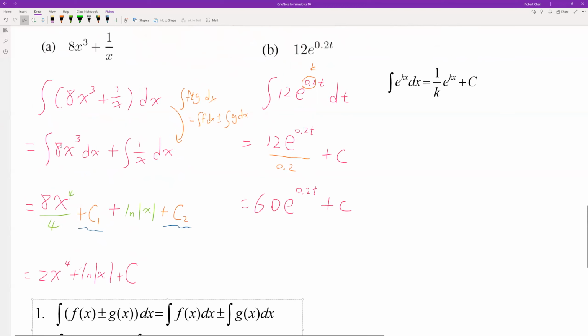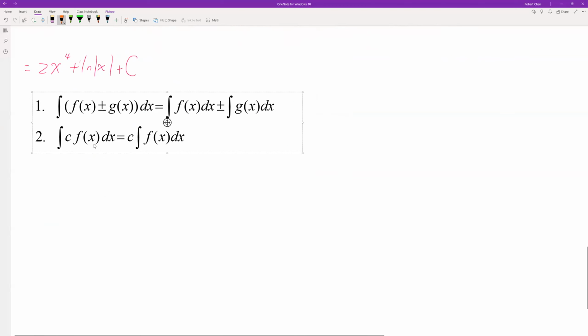I actually wasn't too clear about this, but let me show you one more example. All right, let's say I have 12 times x to the third power dx. What part two is saying is that 12 is a coefficient, and we can bring that outside and then integrate just x cubed by itself.